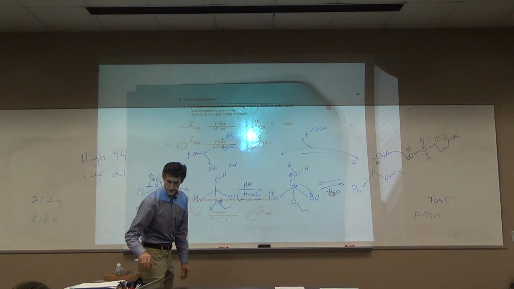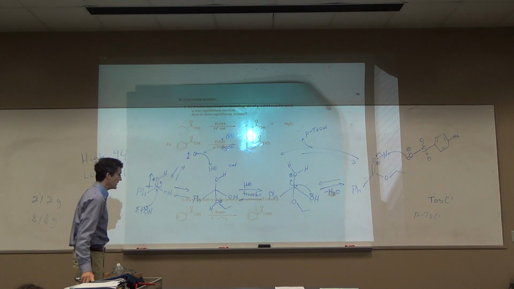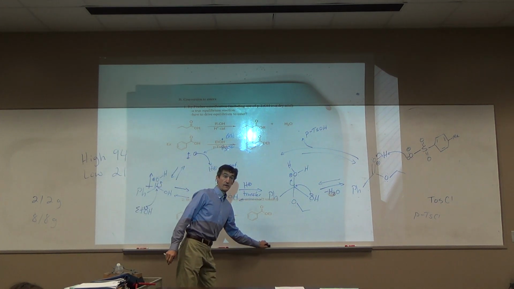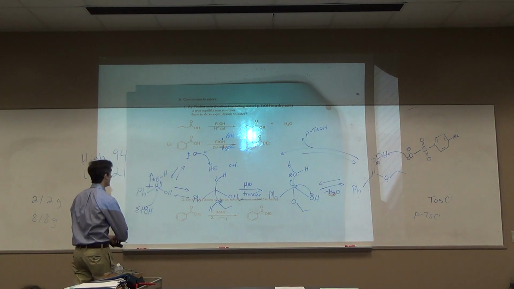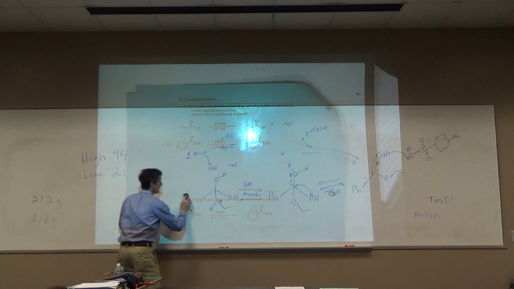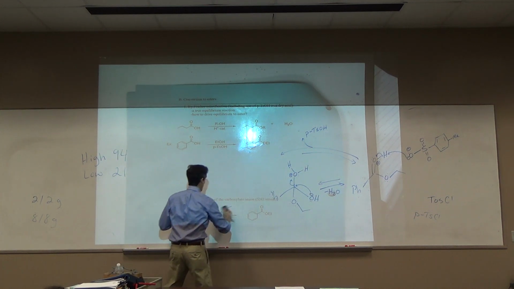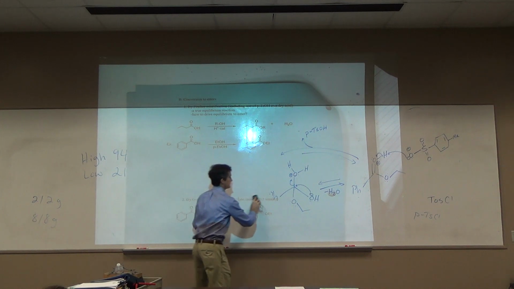Fischer esterification, equilibrium, how to drive it. One way making esters, the other way to make carboxylic acid. Hydrolysis of esters to carboxylic acid, common reaction. What's another way to make an ester?